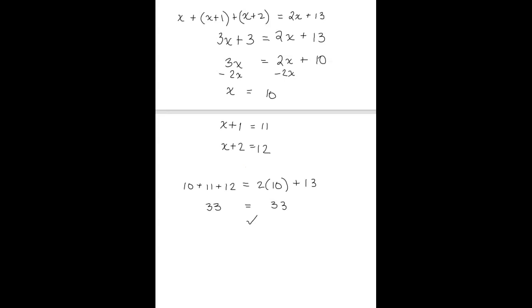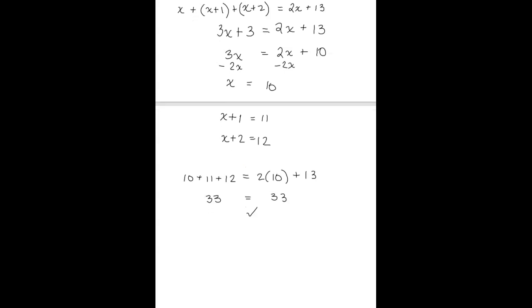Now, another way you could have written this, and again, this is one of those, how does it make more sense to you? I'm less concerned with which way you approach it, and more interested in, can you do this properly?